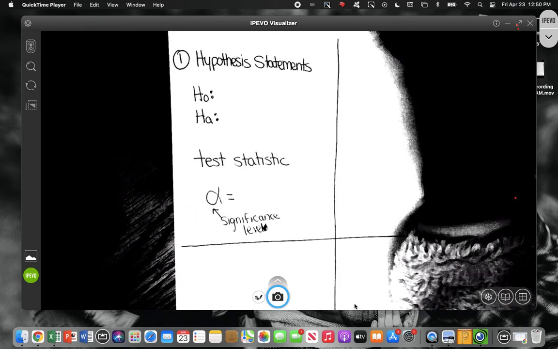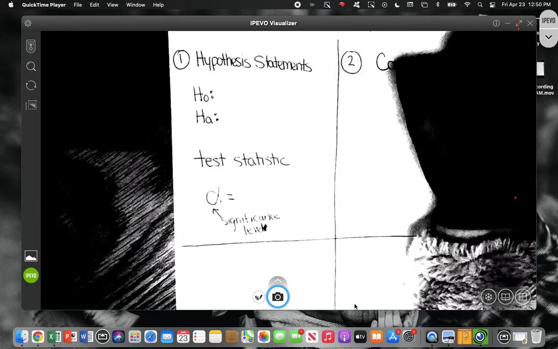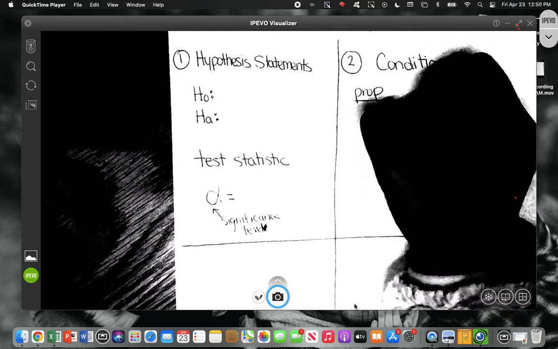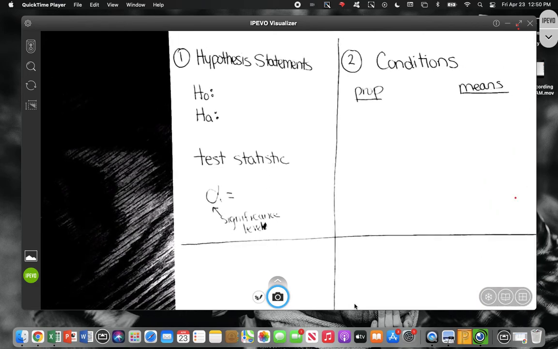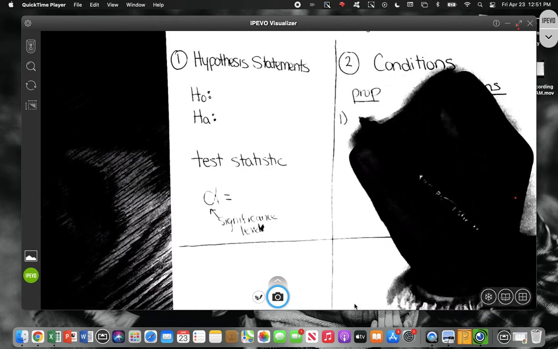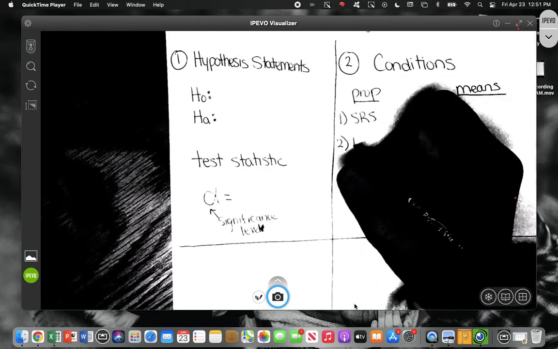Then, the second thing you always want to do is your conditions. These are different for proportions and for means, so I'm just going to put a little checklist for both. We just did a proportions one, so what are the 3 things that we check again? Simple random sample. What's the second thing? The 10% rule.